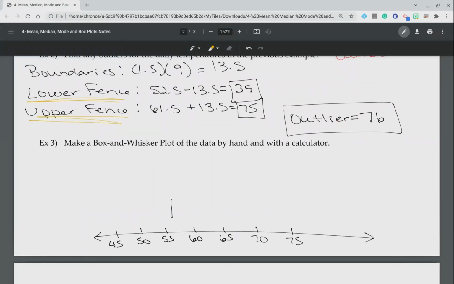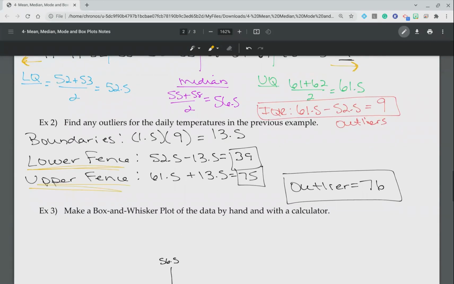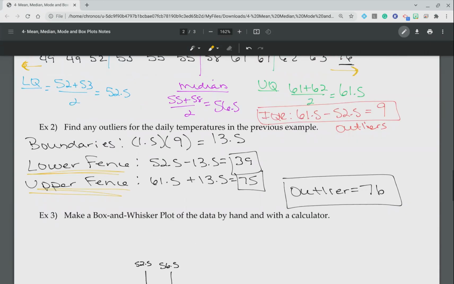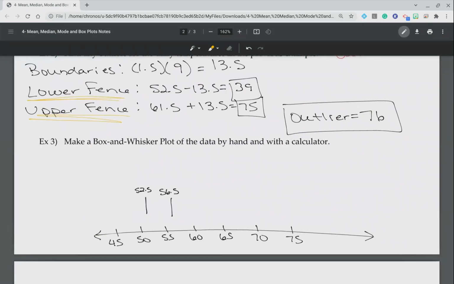So that's going to be about right here. My lower quartile was 52.5, which is going to be about right here. And my upper quartile was 61.5, which is going to be about right here. Okay, and this is where this box comes from. Those three numbers, our lower quartile, our median, and our upper quartile.